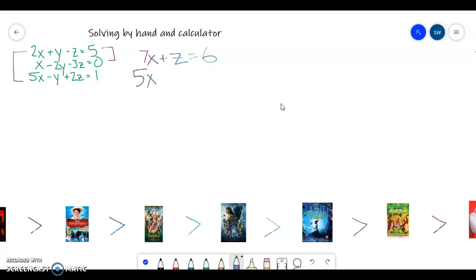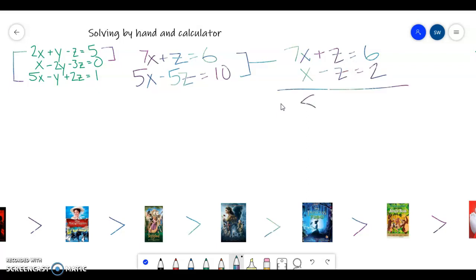The y's cancel, and that would be 2 times negative z plus negative 3z, so negative 5z, and then equals 10. Now I could simplify this to 7x plus z equals 6 and x minus z equals 2, just by dividing that second equation by 5.